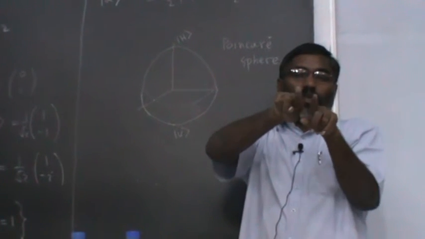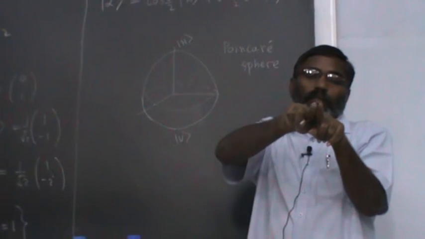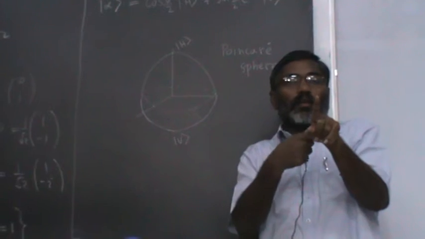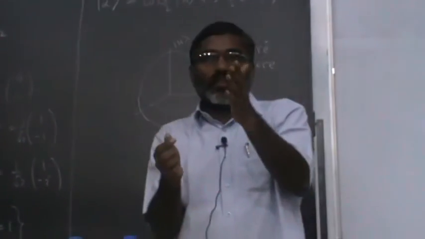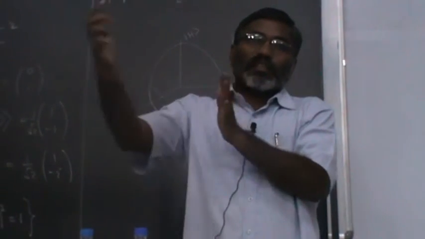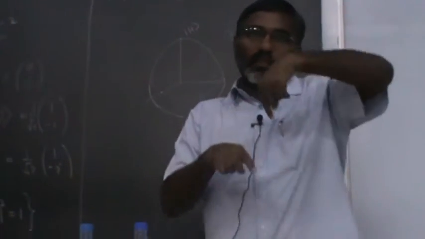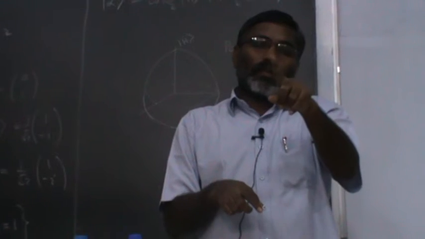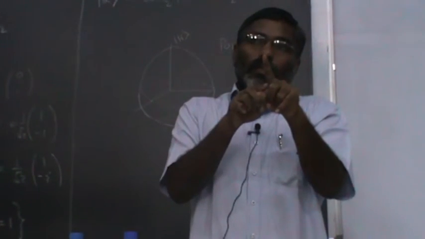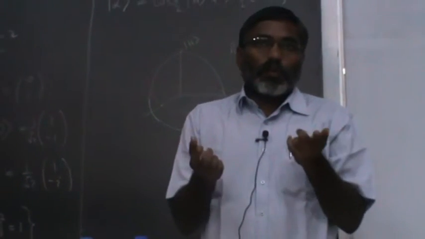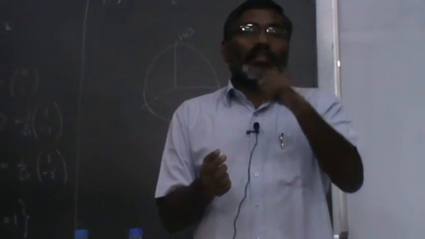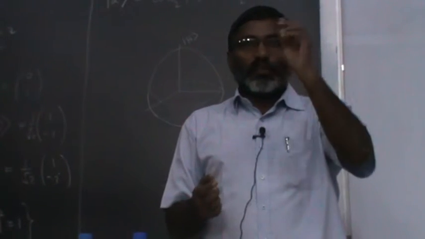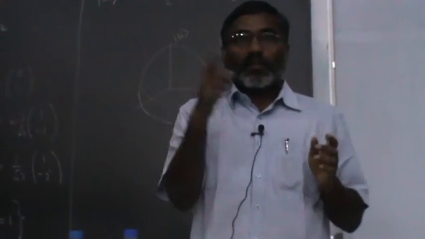I'm taking a point and going around the sphere, which means I'm changing the polarization state of light. You can change the polarization state of light by putting up polarizers, analyzers, etc. And then I take a U-turn and come back in a loop, I expect I should have the same state of polarization, but it turns out that there is a phase that is acquired by the electromagnetic field when you are going around a closed path.